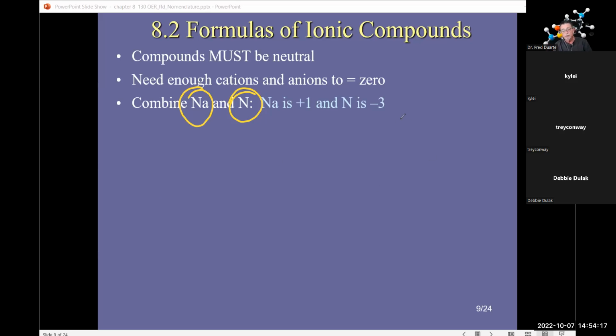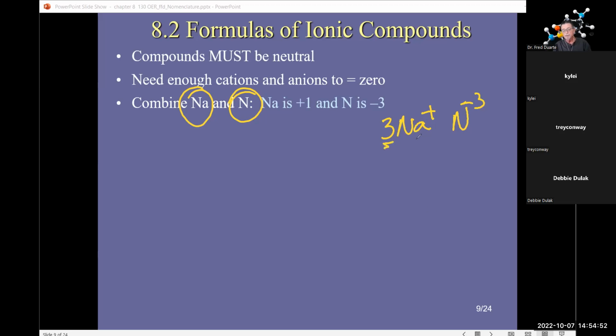We know that sodium is in group 1, so in ionic form it will have a +1 charge. We know that nitrogen is a nonmetal, group 5, and will gain 3 electrons, so it would have a -3 charge. So step 1, we put them in ionic form. Now we determine how many of each we need so that when we put them together, they equal 0. So we need 3 sodium plus to cancel out the -3 of the nitride.